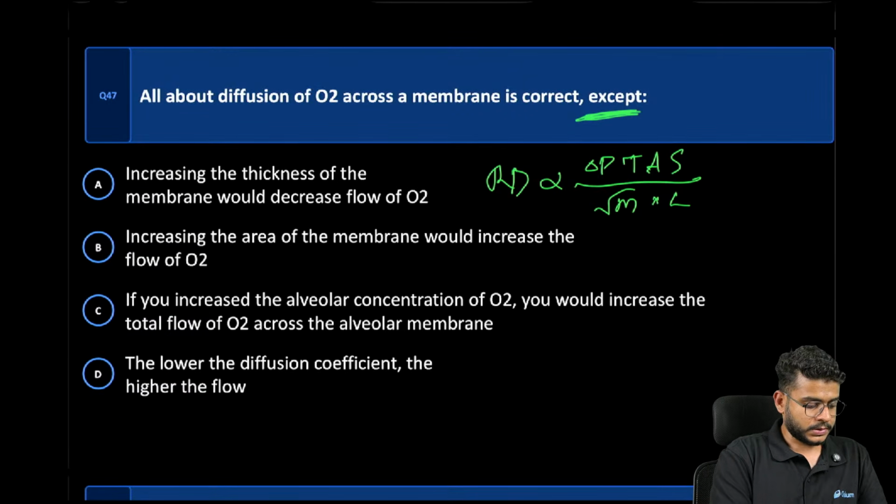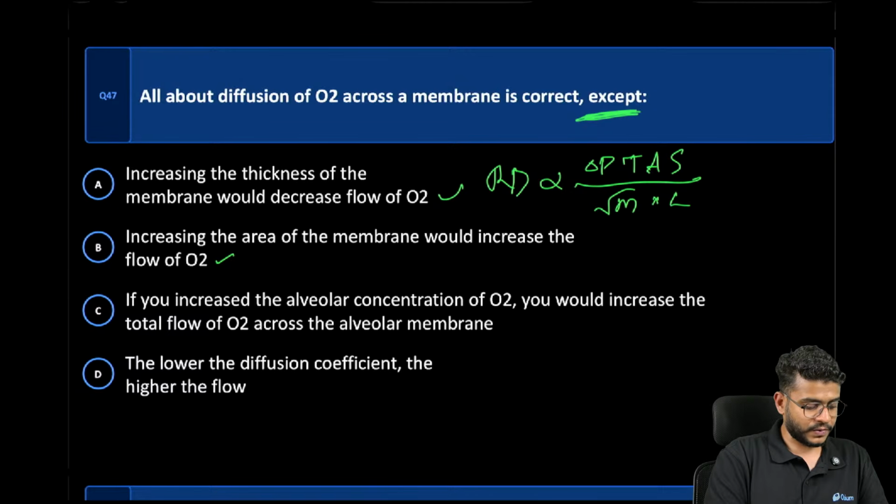So increasing thickness of the membrane would decrease the flow. That is correct, it is inversely proportional. Next, increasing the area of the membrane would increase the flow. That is also correct, it is directly proportional. If you increase the alveolar concentration of O2, you would increase the total flow of O2 across the alveolar membrane. Yes, that is also correct. Okay, change in pressure.